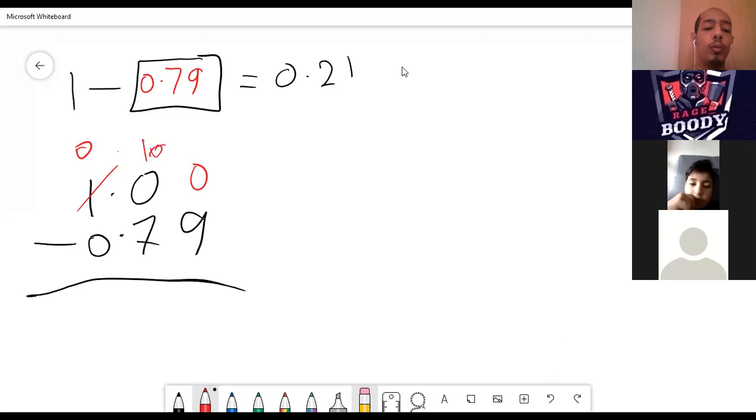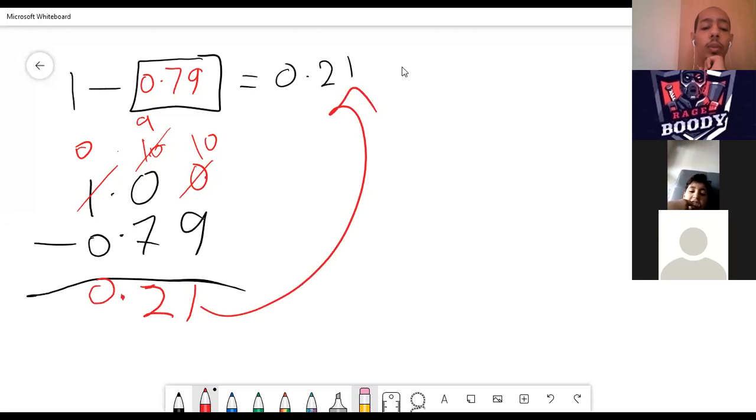And when you take 1 from the 10 to this place, this becomes 10, this becomes 9, right? 10 minus 9 is 1. 9 minus 7 is 2. Then the decimal point, then 0. It is the same, right?